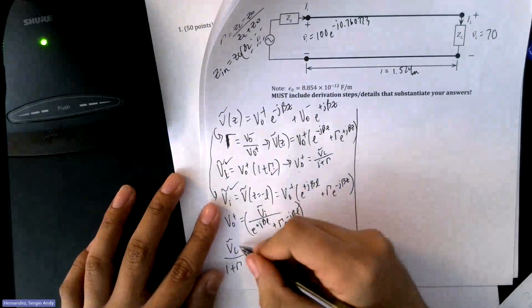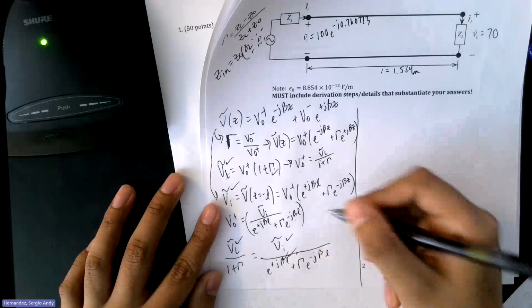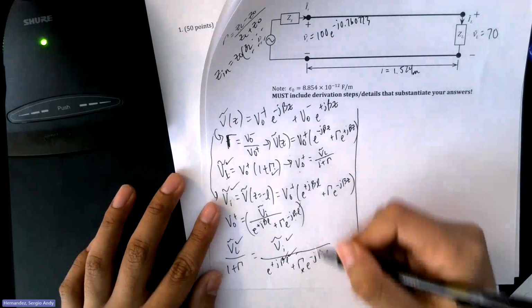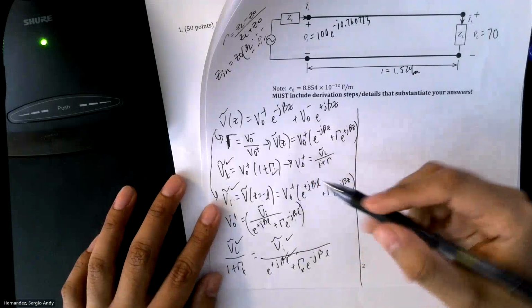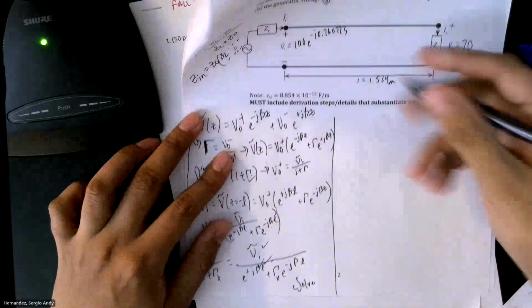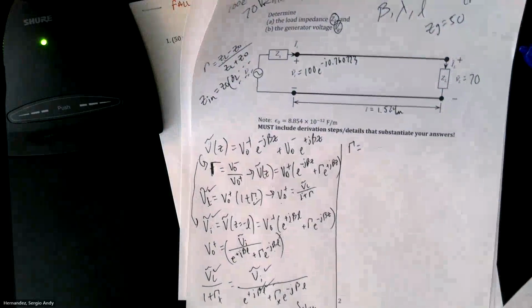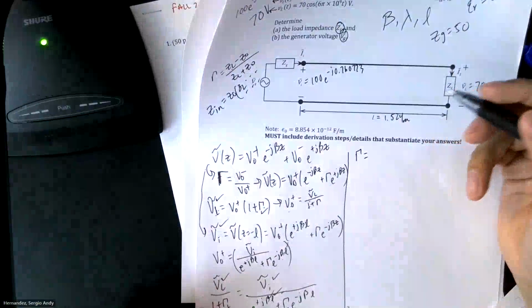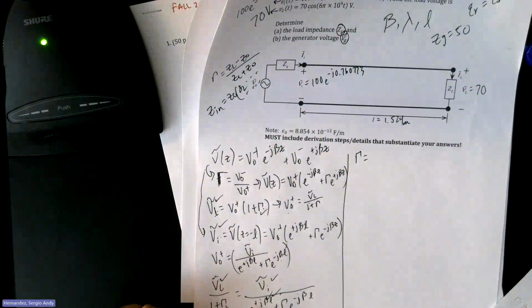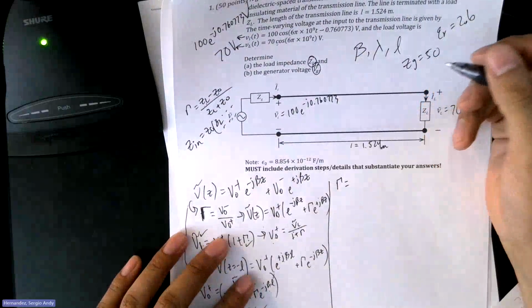And here you have VL, Vi, you have your beta, you have your length. You're just missing gamma. And you have gamma on both sides. So just seesaw for this one. This is going to give you, let me see.